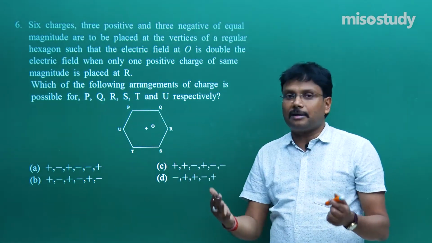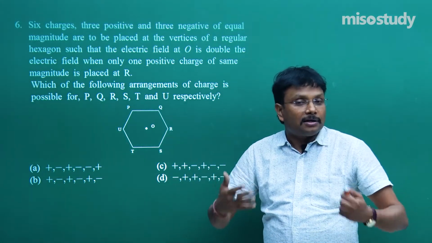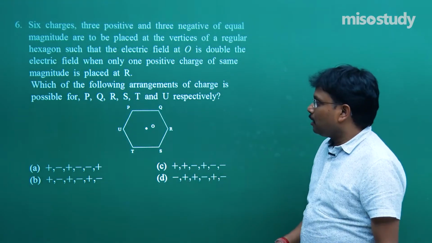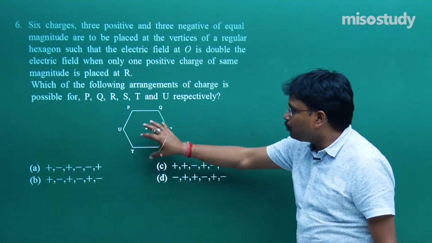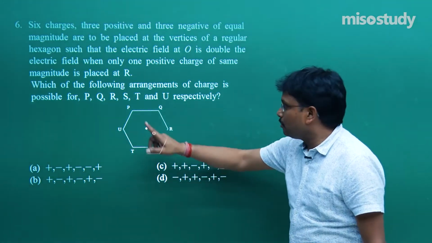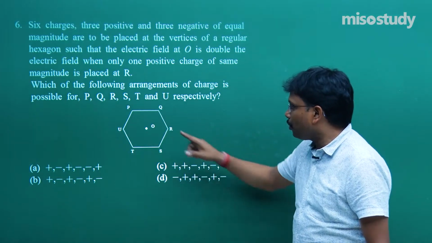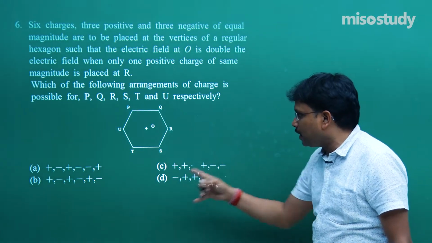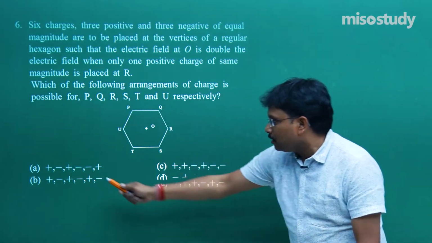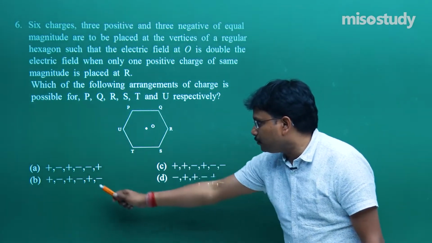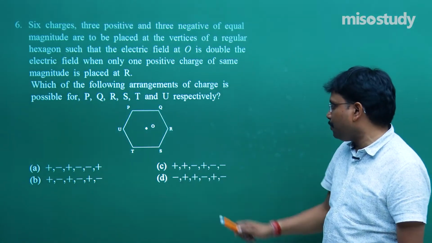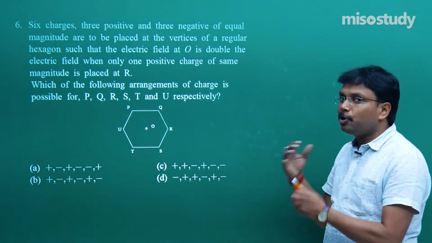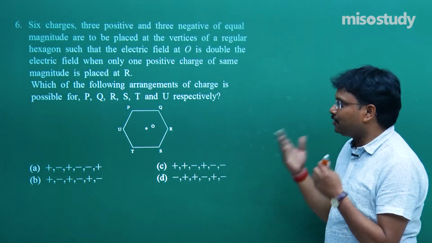So ultimately, they are trying to give you a situation where you have to play with the combination of positive and negative, and that's where you have to find the solution. You have to work on a permutation combination type of thing, to see which one is the correct option.